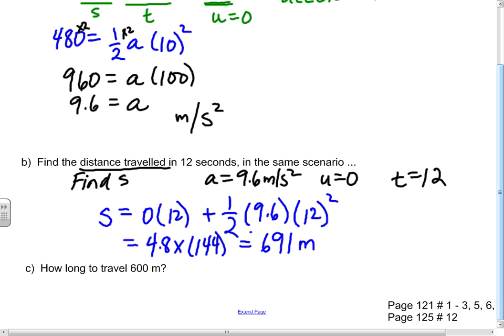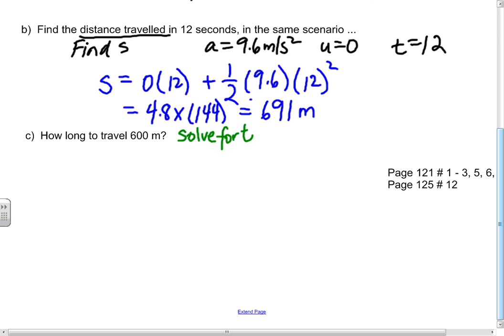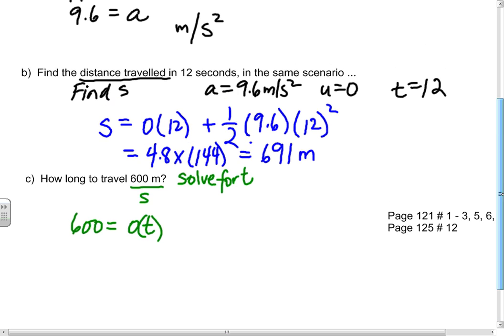How long does it take him to travel 600 meters? So we are solving for t. If his displacement is 600, his initial velocity is 0, so that 0 is really going to just disappear, plus a half, where'd it go?